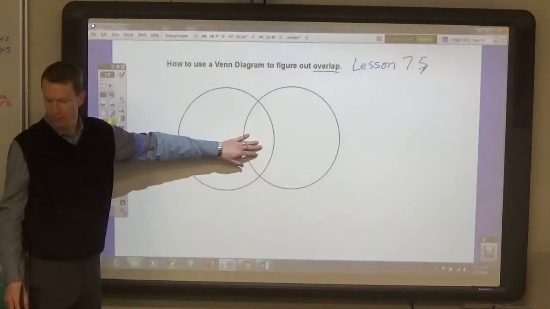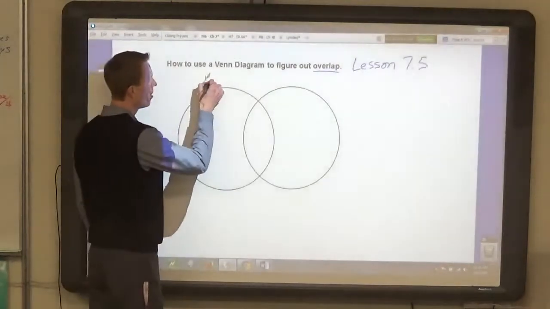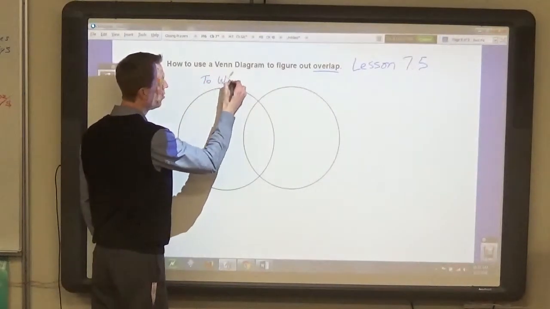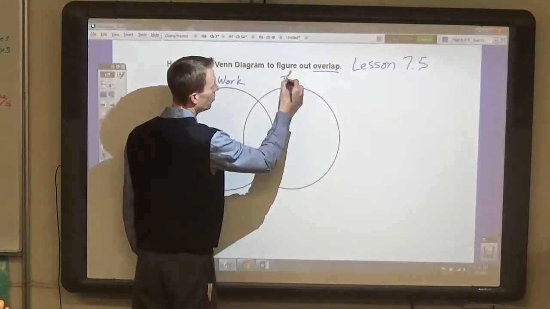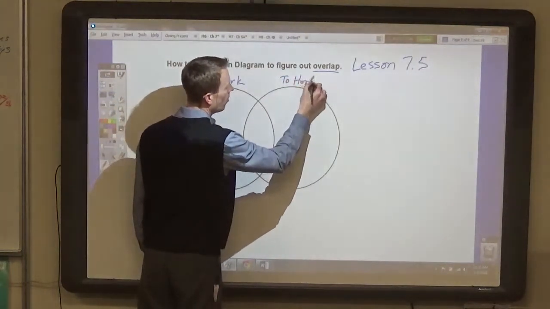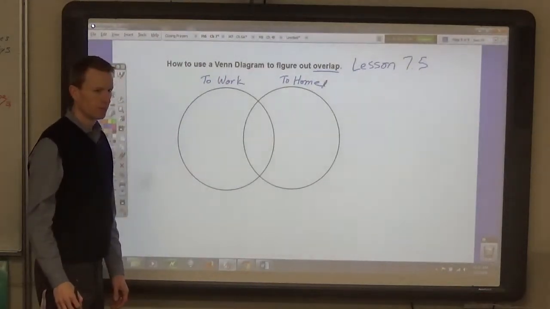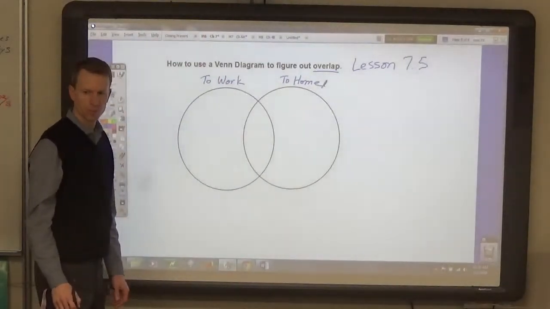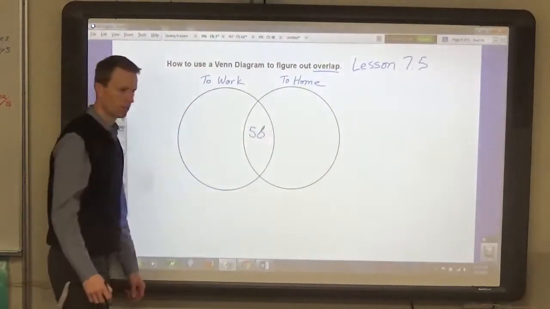Page 212. How many sit in traffic going both ways? We have some going to work, some going home. Tyler? 50. And 50 in the middle, right?